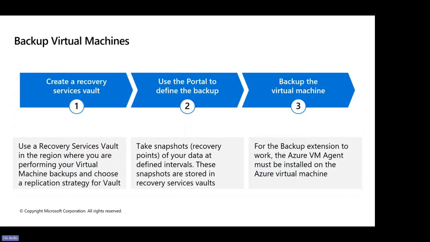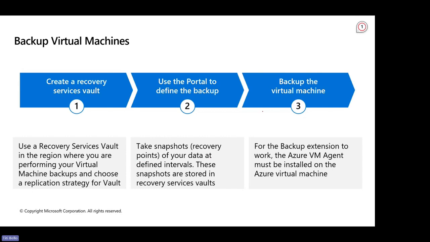Okay. And to back up a virtual machine, the first thing we have to do is to create a recovery service vault. And then once we create our recovery service vault, we can use the Azure portal to define policy. We can also use PowerShell if we want to define policy.